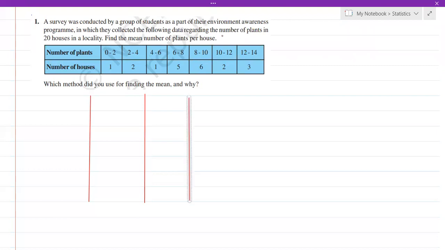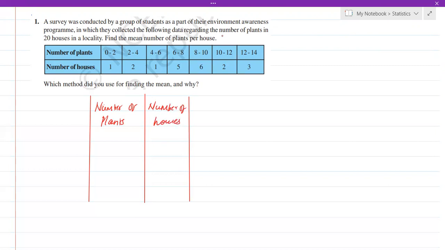So this is the thing that is given in the question. Number of plants, and the next one is number of houses.